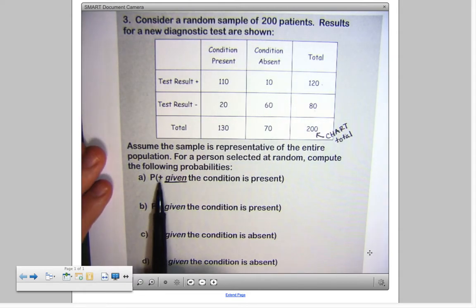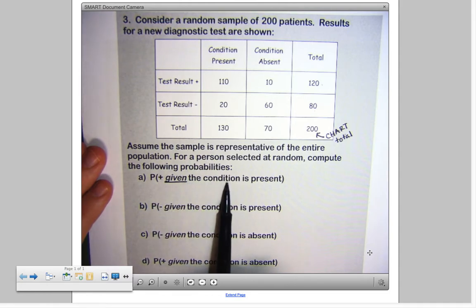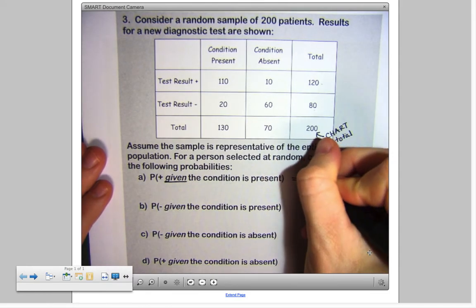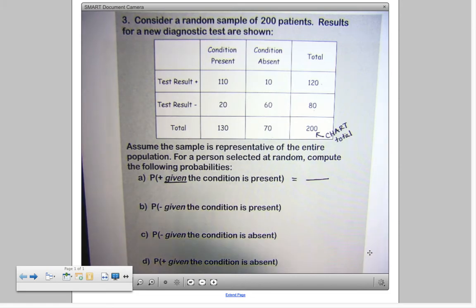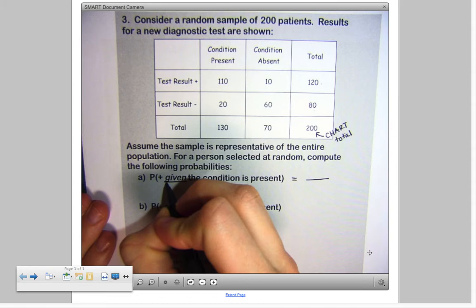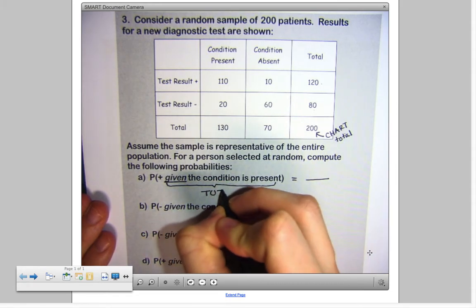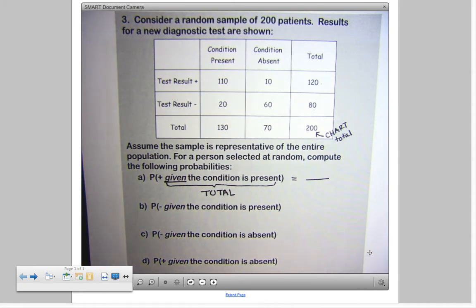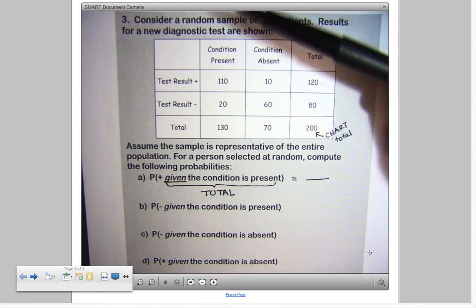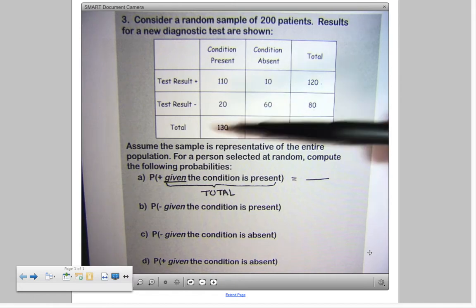Okay, so down here we have positive given that it's present. Okay, so we know we're going to have a fraction. We are given that the condition is present. So anytime you're given something, this is your new total. So we're going to ignore the chart total. So condition present, the total for that would be 130.